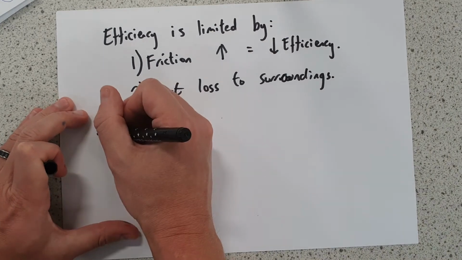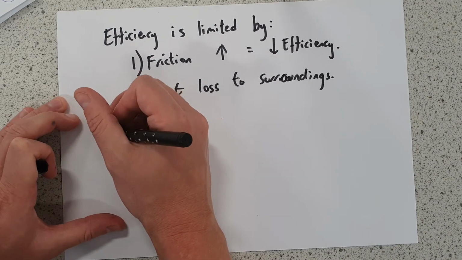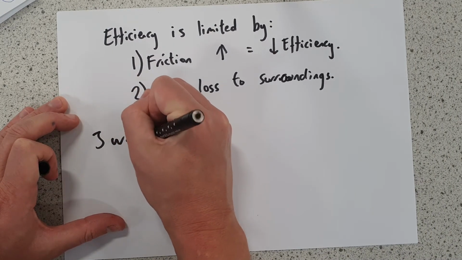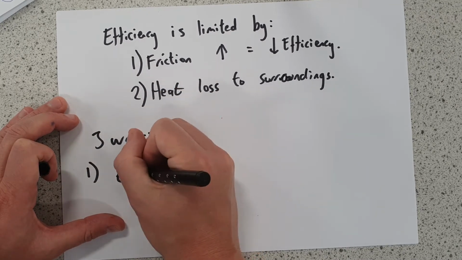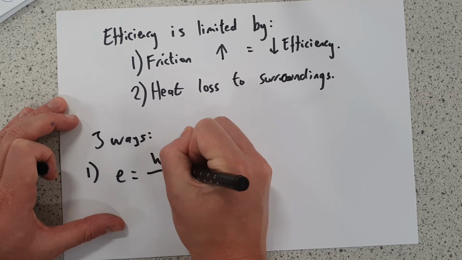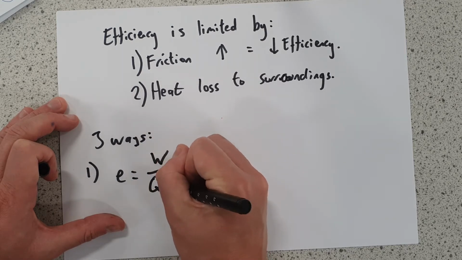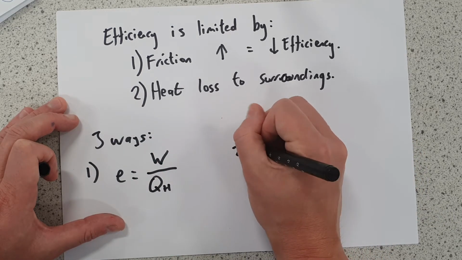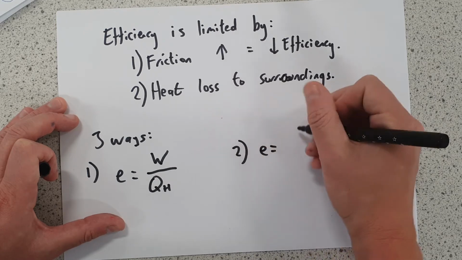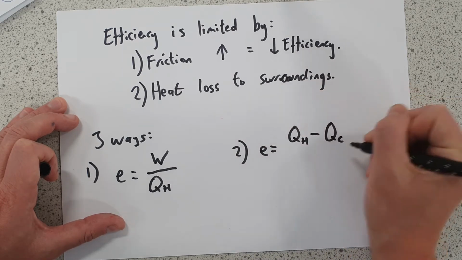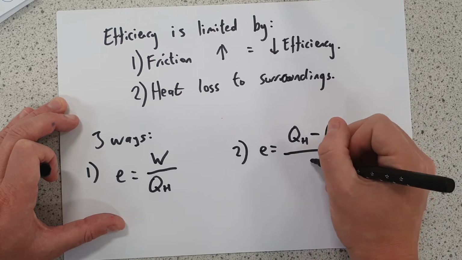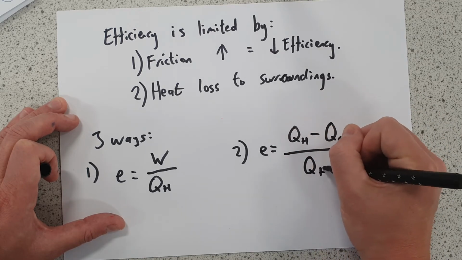Now we can calculate efficiency in three ways. Firstly, we can calculate efficiency if we know the work done and we divide it by the hot heat. Two, we can calculate efficiency if we take the hot heat and minus away the cold heat and then divide the whole thing by the hot heat.